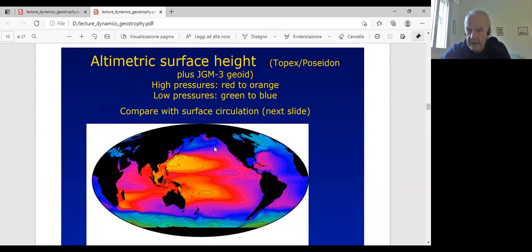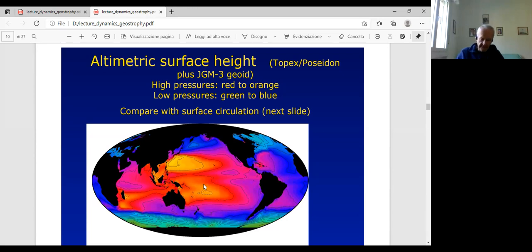Obviously, the height of the sea level above the geoid is not the same in different oceans. Then we have a bluish area, which is the lower sea level with respect to this one here. But what does that mean, high and low sea level? It means high and low pressure in the ocean, because the higher the water above you, the higher the weight of the water.